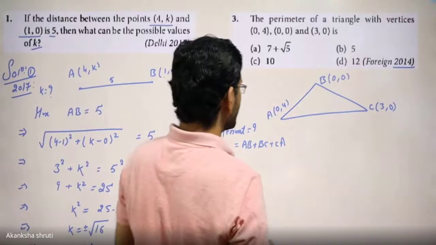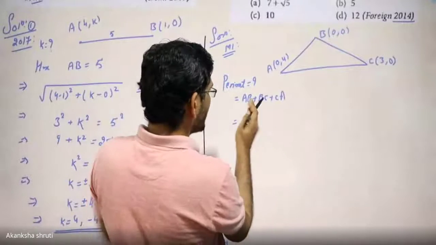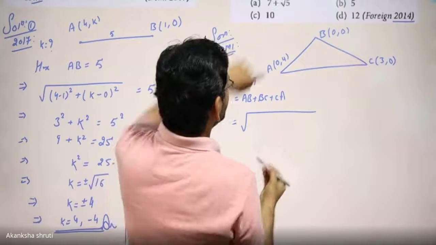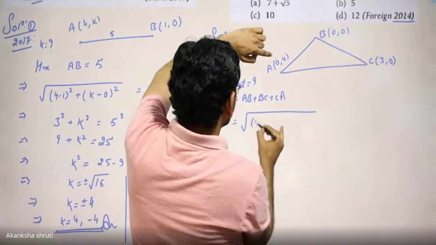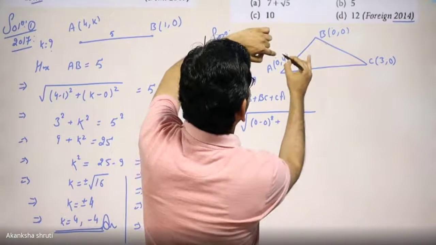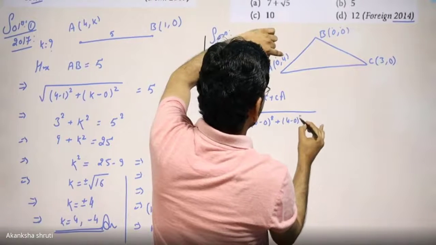Let's go for calculating it. So what is our AB? I'm going to calculate it here itself. So this AB will be the difference of their x coordinates. So it will be 0 minus 0 square plus the y coordinate difference, 4 minus 0 square.